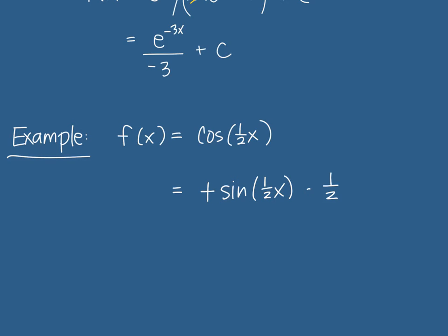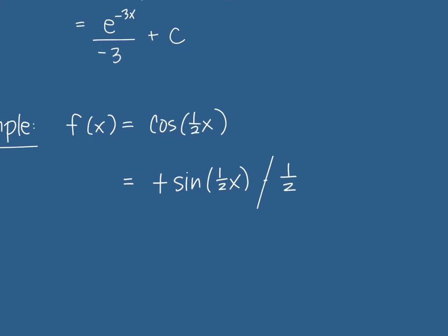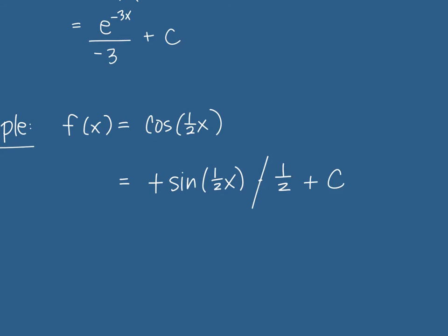Well, I make it positive sine half x and I divide by half, and then I have plus c, and now it's an antiderivative. So I did my rules backwards. And then maybe we want to clean that up, because dividing by a fraction is an awkward way to leave an answer. So I'd say that's 2 sine half x plus c.